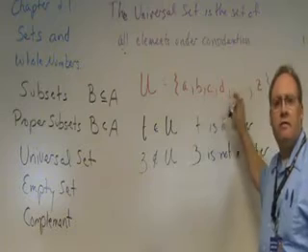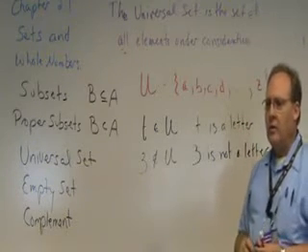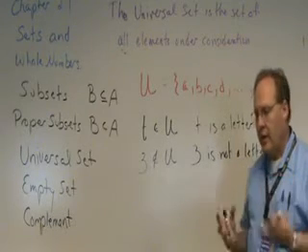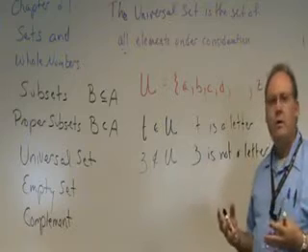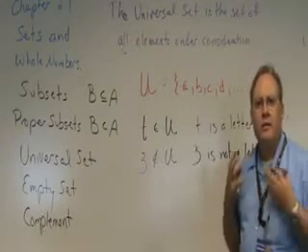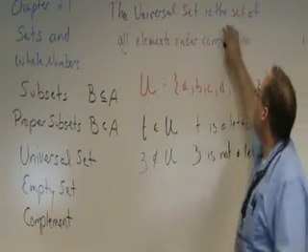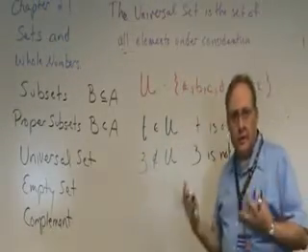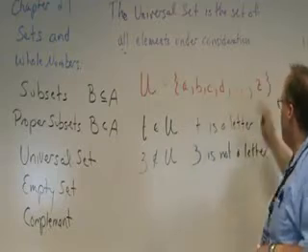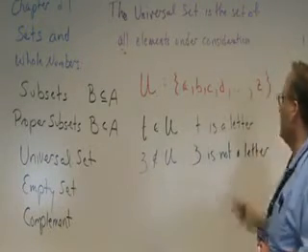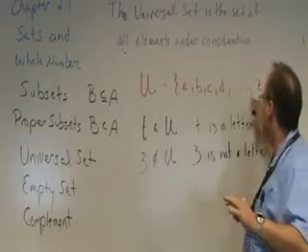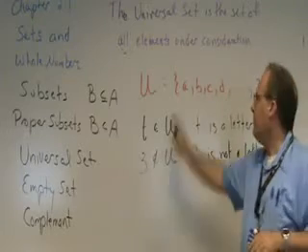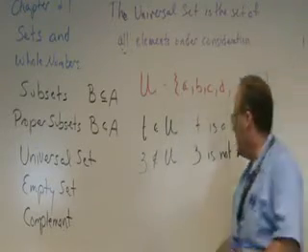If something is going to be contained in the universal set, then it exists as an element, okay? On the other hand, if it is not found in the universal set, then it does not exist as an element, because the universal set is the set of all elements under consideration. And so you can see that I can have this universal set of all the letters in the alphabet, and 3 is not a letter because it is not contained in there.